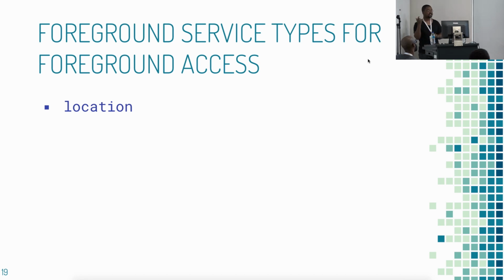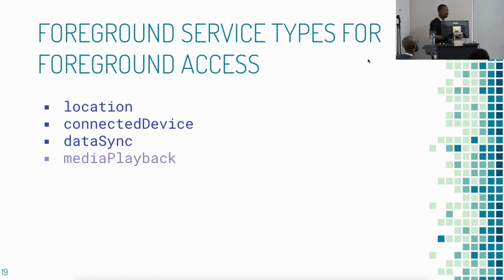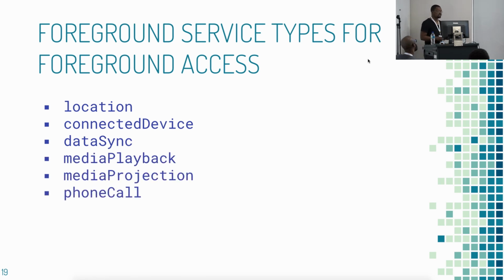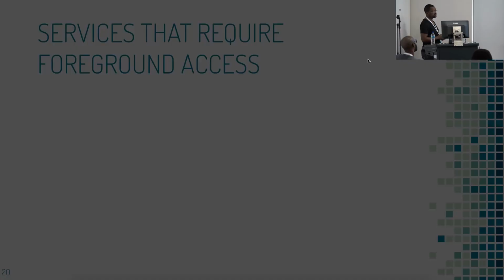So if you decide to run a service that requires location, and if you don't define location as a foreground service type, you won't get access to location. We have got connected device, data sync, media playback, media projection, phone call. So for instance, if there's a phone call that's happening, you can actually get that foreground service type defined in your service, and you will get access to when phone calls come in.